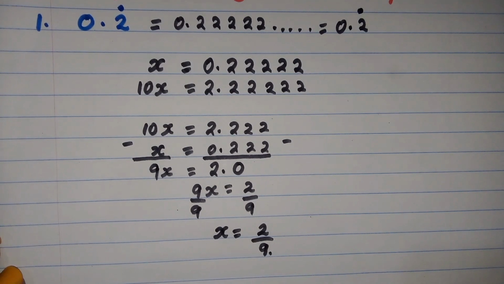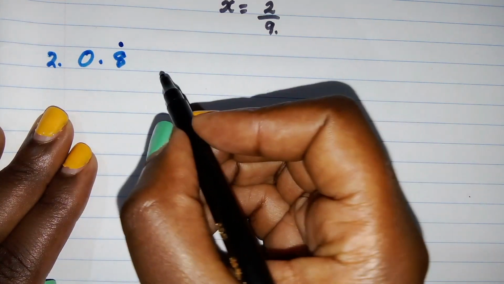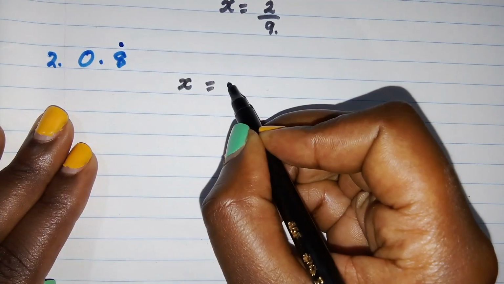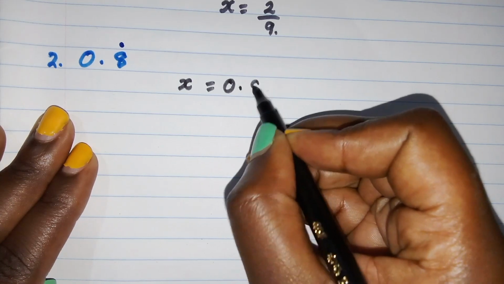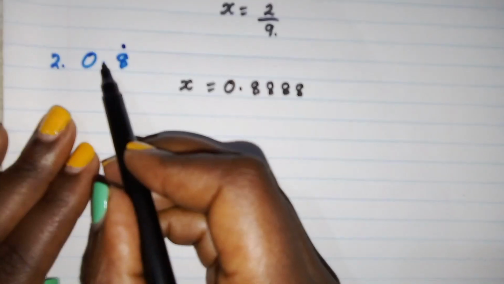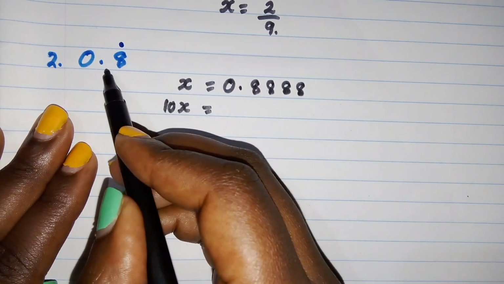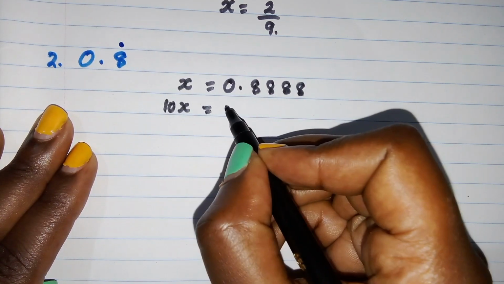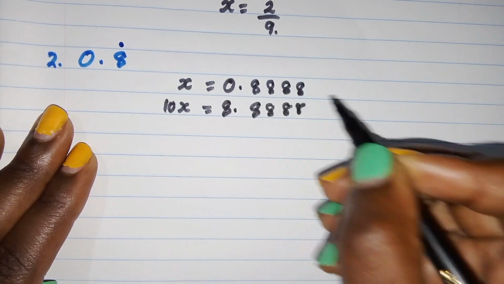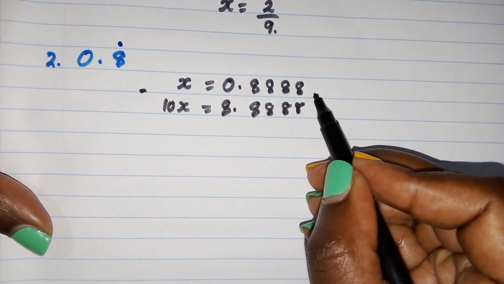That's the fraction. Okay, number 2, we have 0.8 recurring. In expanded form, x equals, what number is recurring? 8. So 0.8888 and so forth. If we move the decimal point once, that becomes 10x equals 8.8888 like that. We go ahead and subtract these two together.